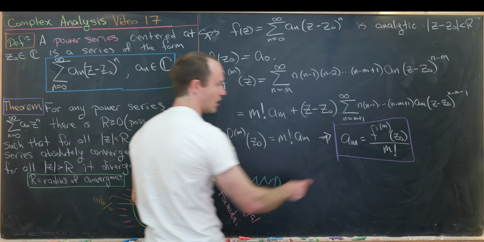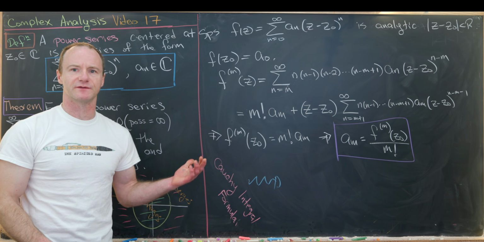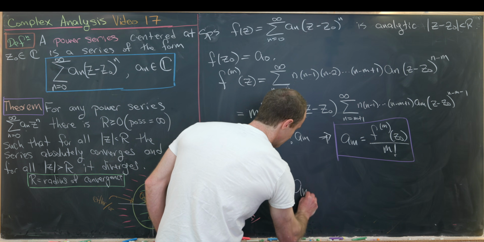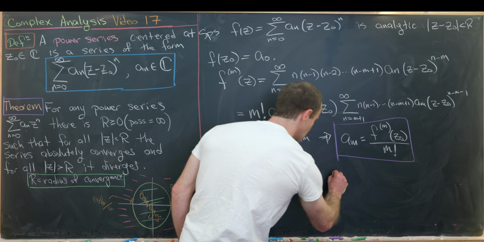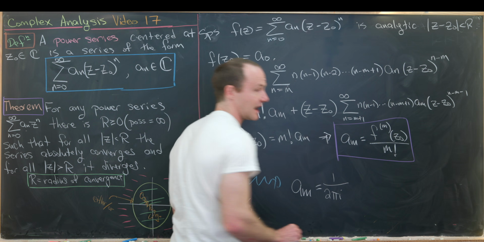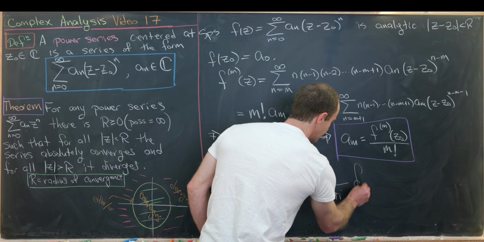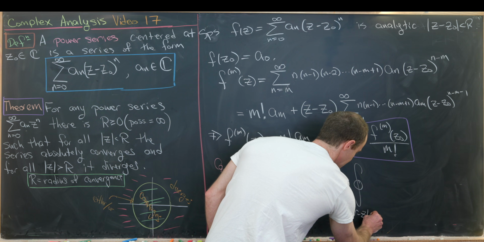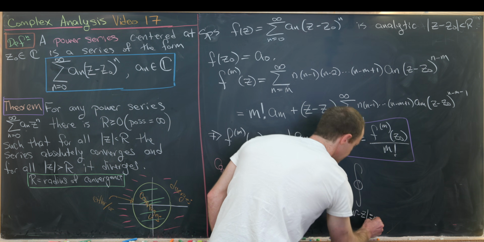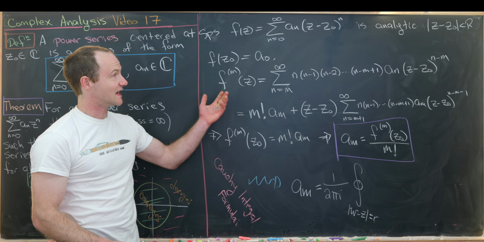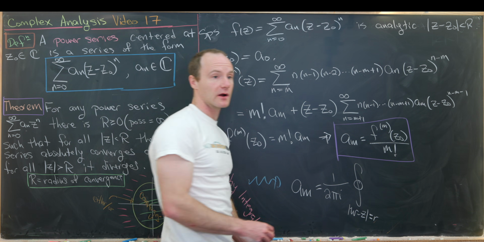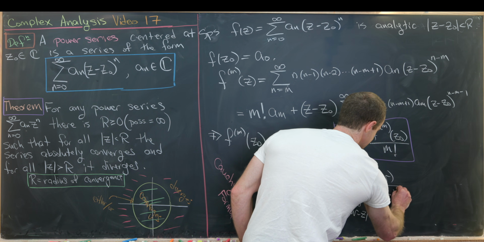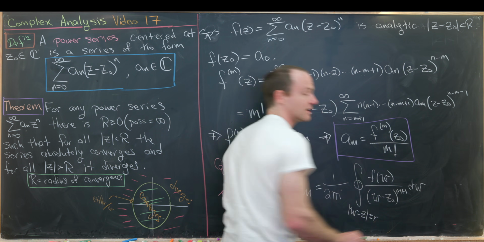So I'll just recall that the nth derivative can be written in terms of a certain integral. You can look that Cauchy integral formula up if you want to, but what we end up with is a sub m is equal to 1 over 2 pi i, and then the integral over the circle |w - z naught| = r, little r, where that little r is any number which is less than that big R. And then we have f of w over (w - z naught) to the m plus first power, dw.